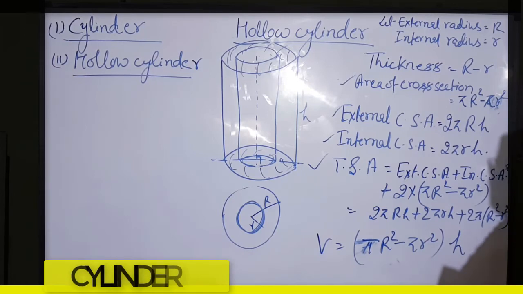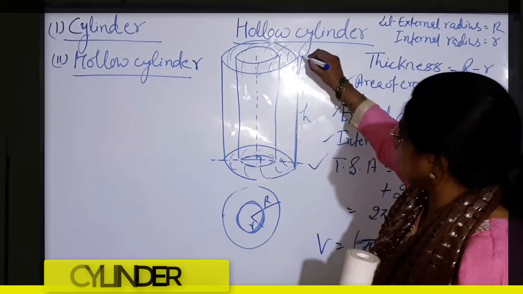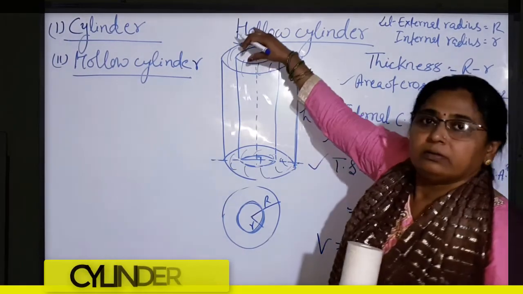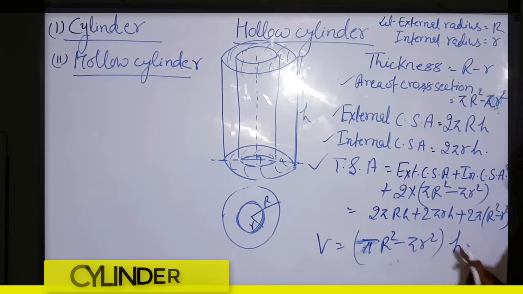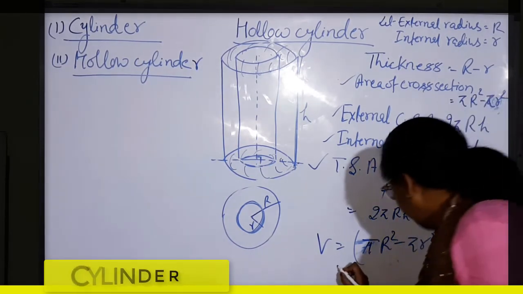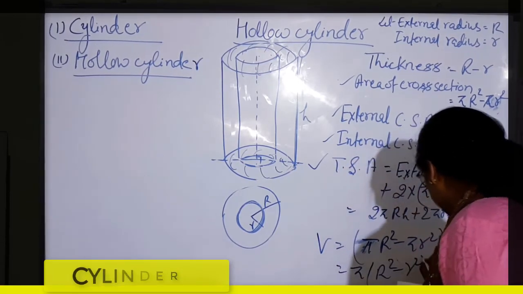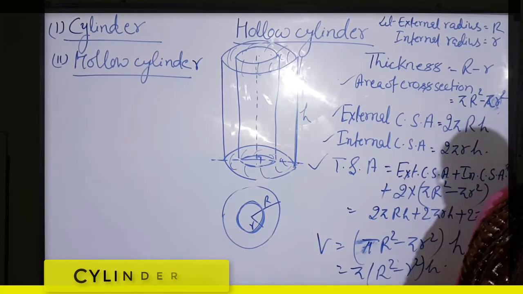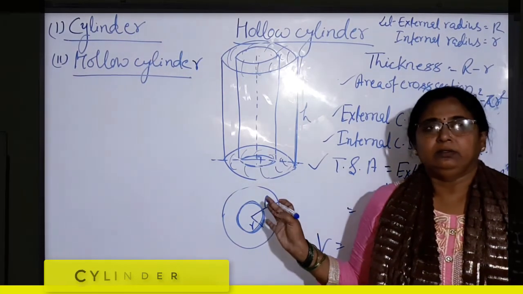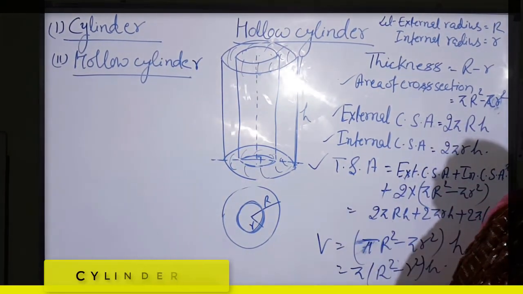This much only, because this portion area multiplied by h gives the whole volume. That is pi R square minus pi small r square into h. That is your volume. You can take pi common, that means pi into R square minus small r square into h. That is the volume. Hope all students understand. Your concept is clear for both cylinder and hollow cylinder.